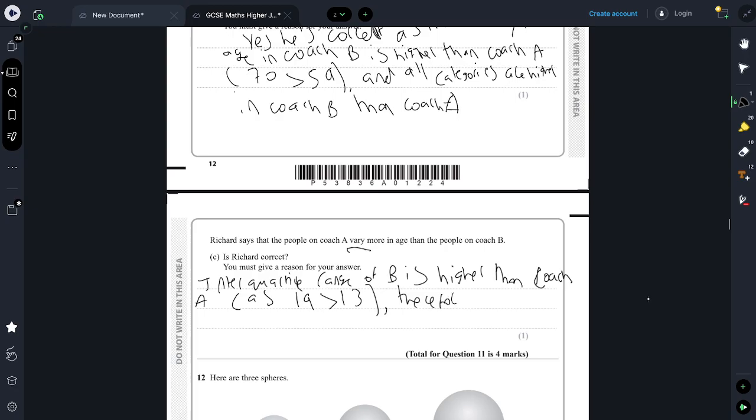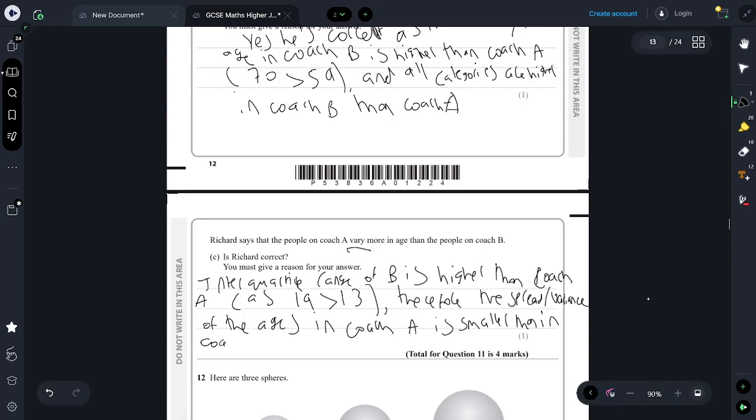Therefore, the spread or variance of the ages, because that's what we're working out here, in Coach A is smaller than in Coach B. Therefore, while he's saying Coach A varies more, it's the opposite.